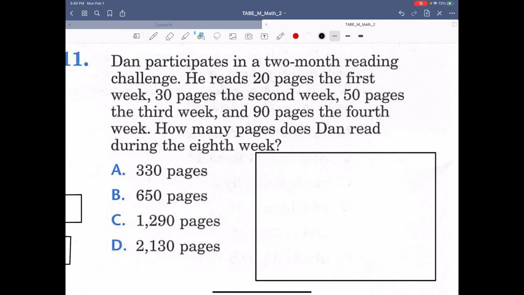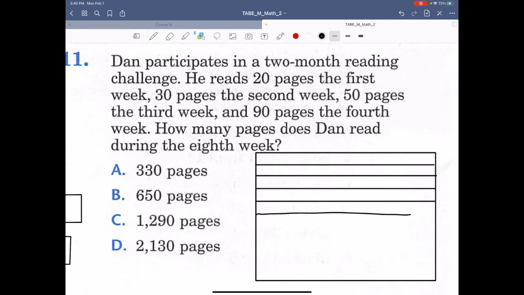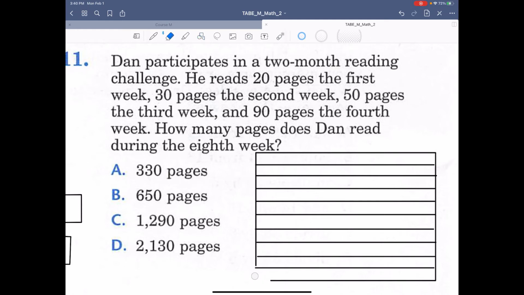We want to go to the 8th week, so I'm going to make 9 rows. This is a story problem, so I'm going to add that extra column this time. You certainly don't have to, but it helps me, and I hope it helps you. And I always manage to get it just a little too long, don't I? All right, so 4 columns.